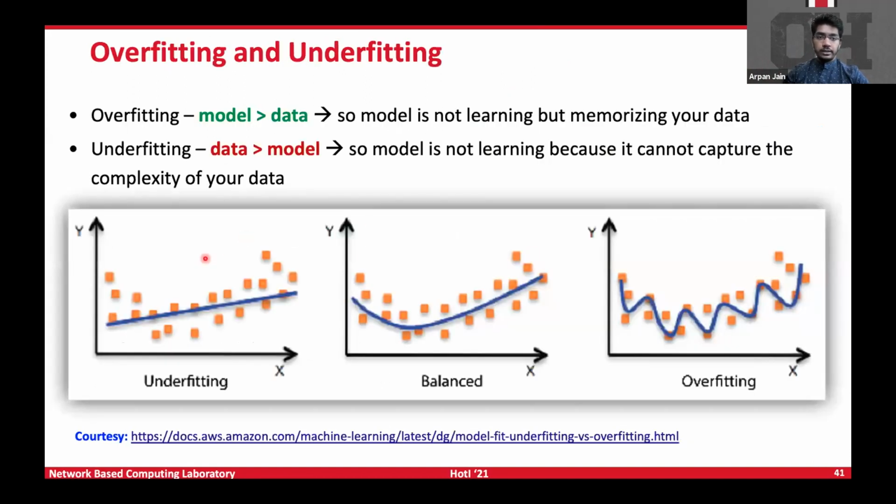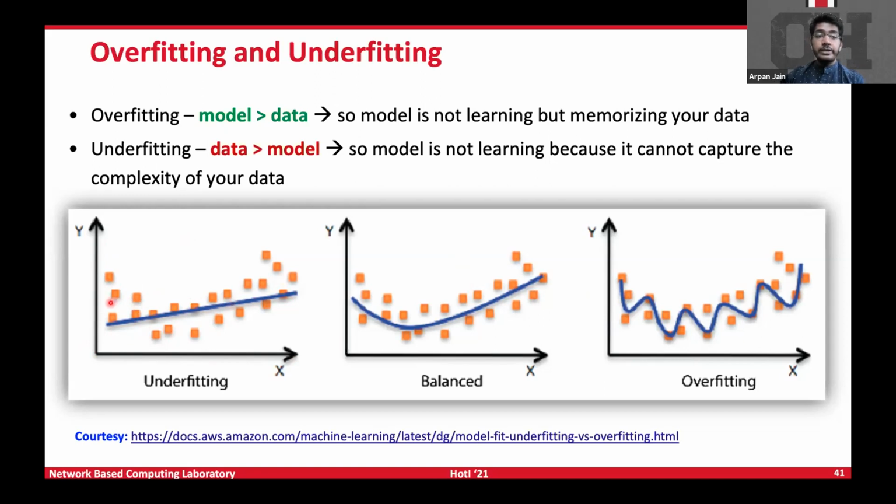Let's see this one. On the x-axis we have the input, and on the y-axis we have the output. We want to train a model that predicts these points. As we can clearly see, this is a second order polynomial.